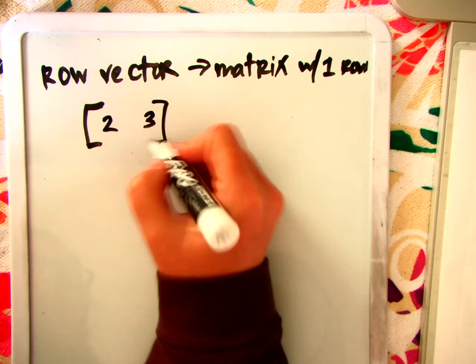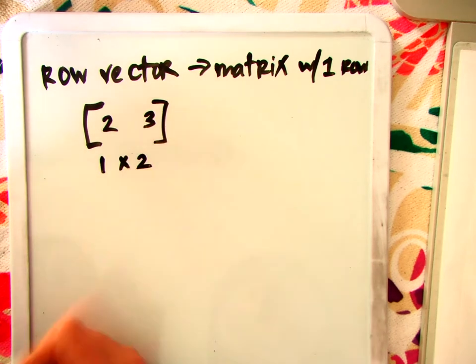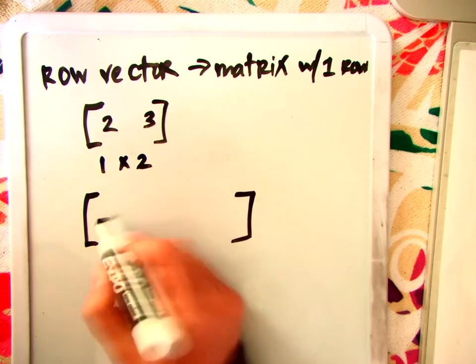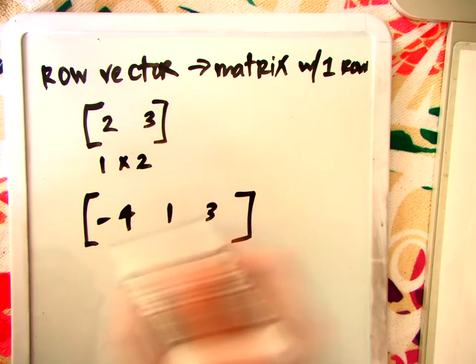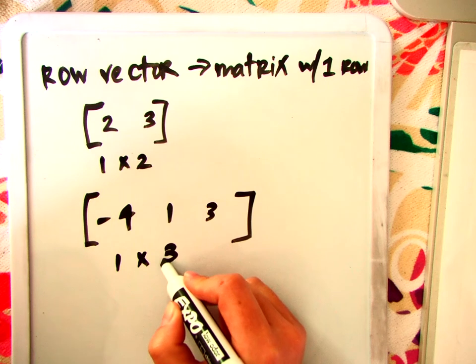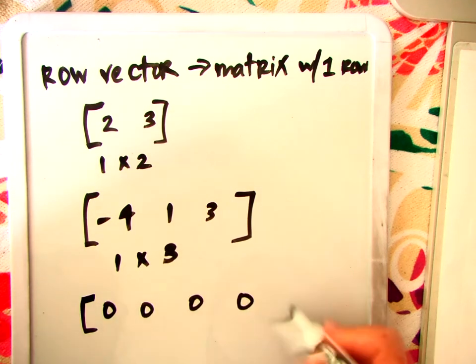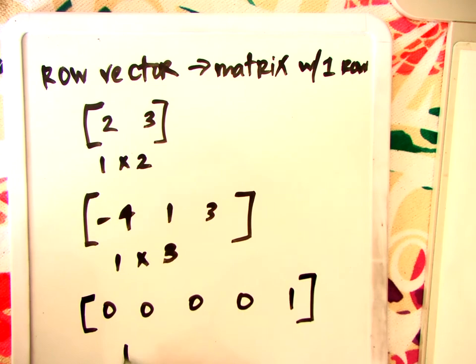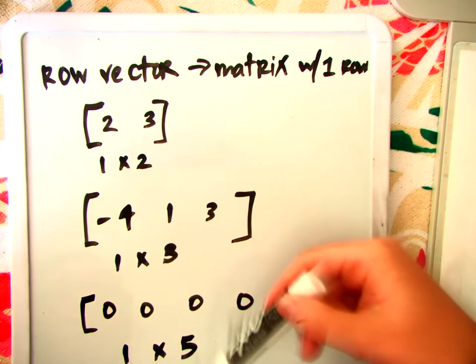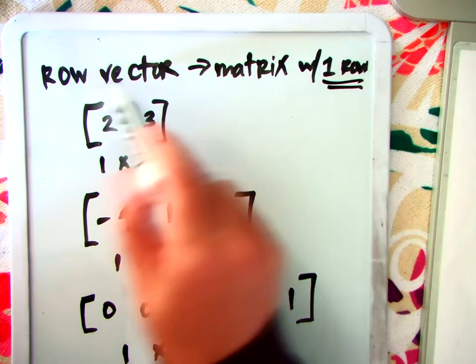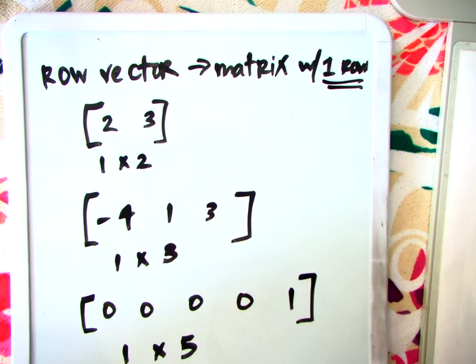So this is a 1 by 2. I could also have this 1 by 3. I could have this 1 by 5, right? So what do all of these matrices have in common? They have a single row, so we call them a row vector. Kind of weird, but important in a second.